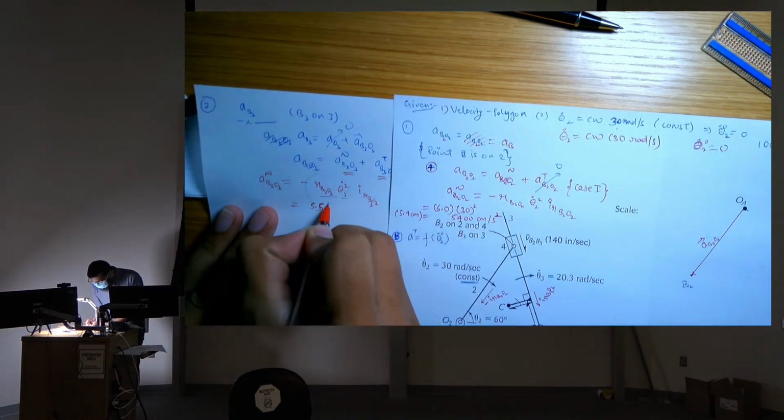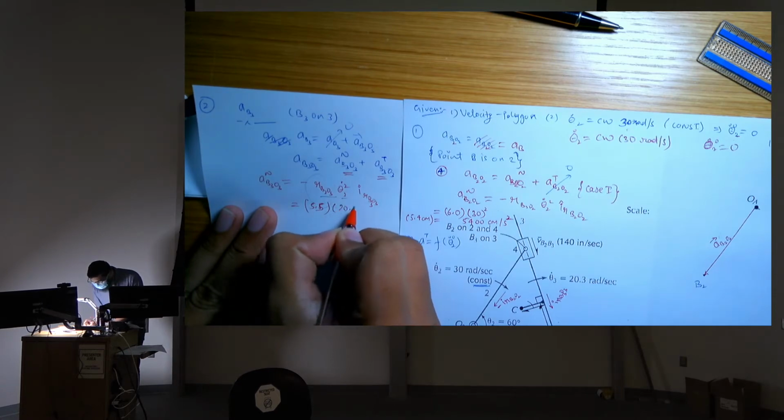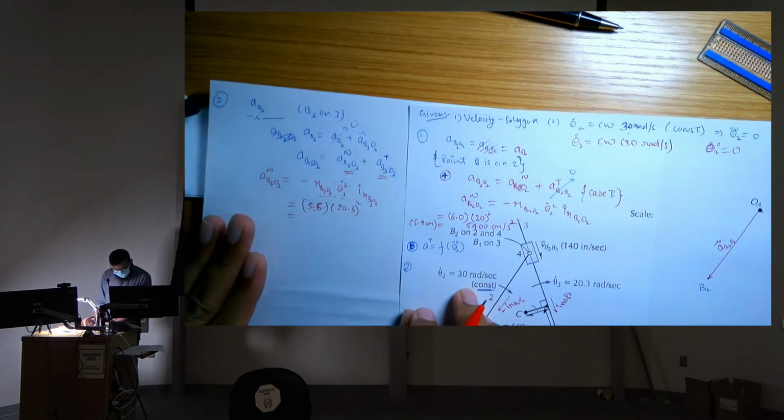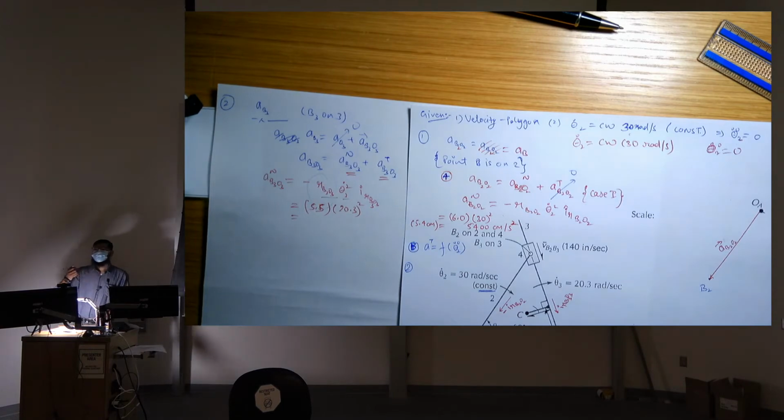What is theta 3? This is given as 20.3 whole square. I'm just putting the magnitude. What number does it give us? Anybody have a calculator? I changed the value.